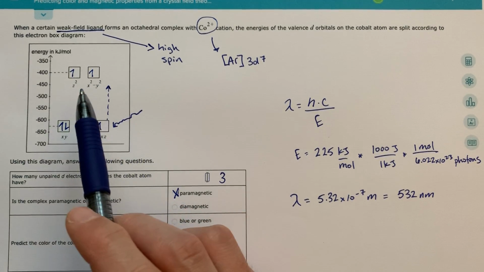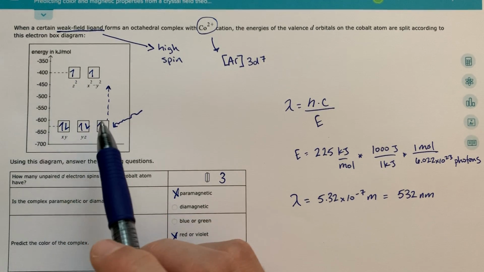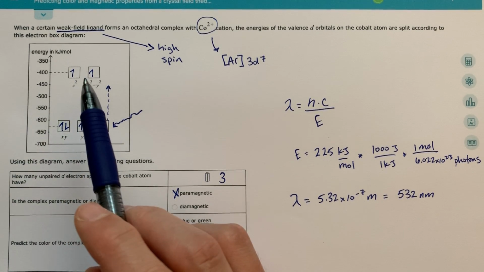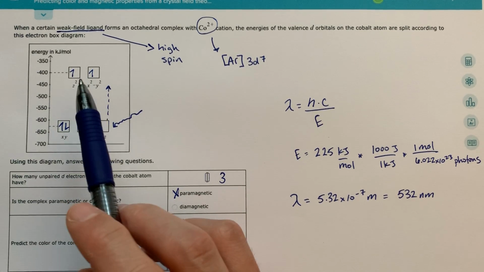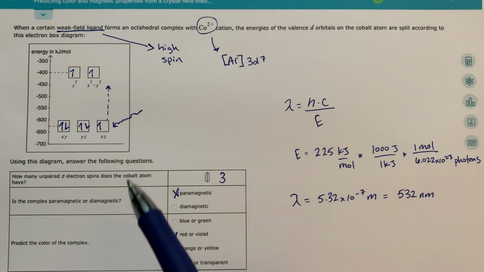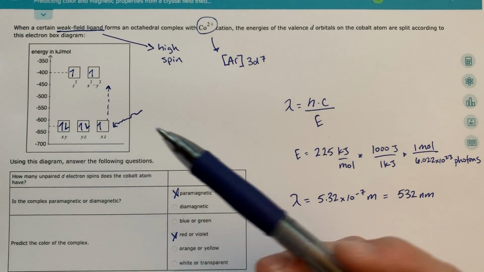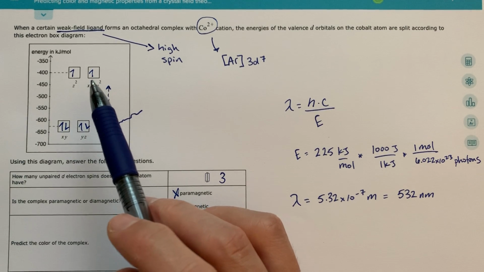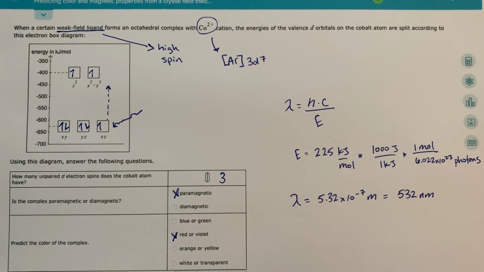Another way to put it is that if these higher energy orbitals are full, there's no space for an electron to get promoted into that orbital, right? So if this was full, if you had a high spin complex and these were full, then you're not going to be able to promote electrons up into these orbitals. I guess it could be low spin too, but if they're already full, then we're not going to absorb any light, and that's going to be white or transparent.